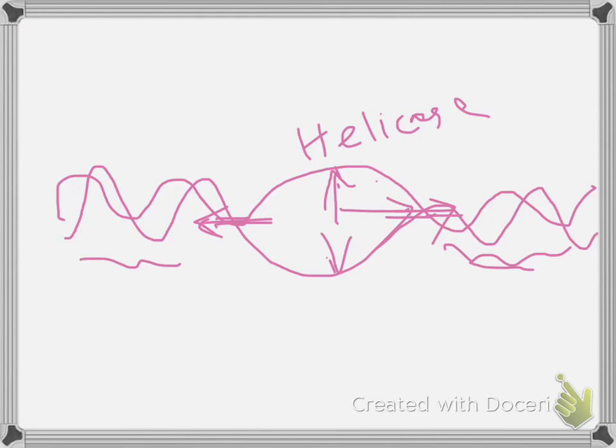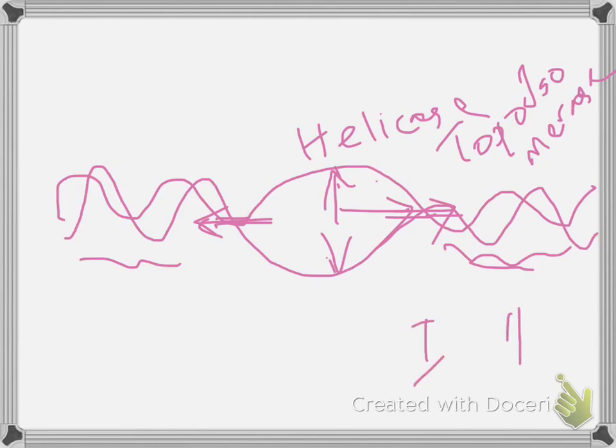So to relax the stress, there are two types of topoisomerase, 1 and 2. Topoisomerase 1 makes a nick in one strand of the DNA to relax the DNA.